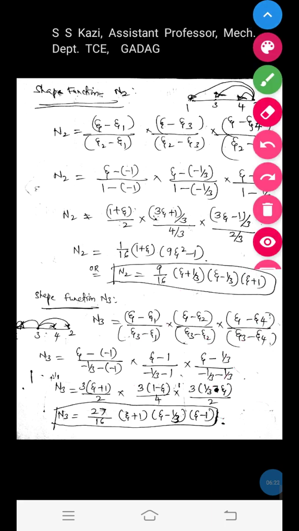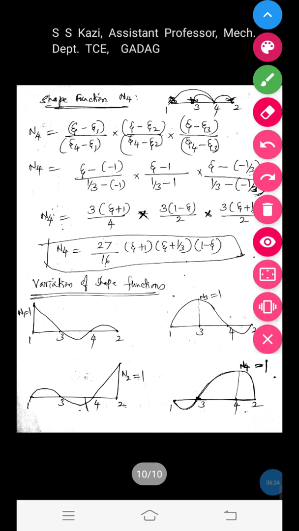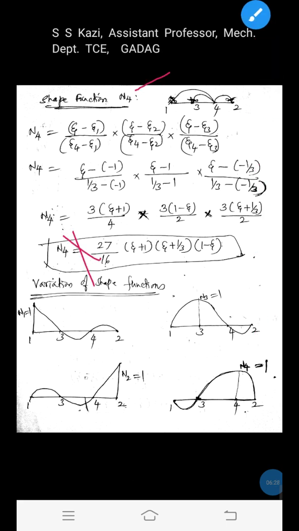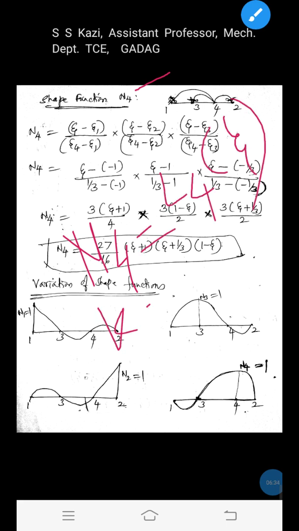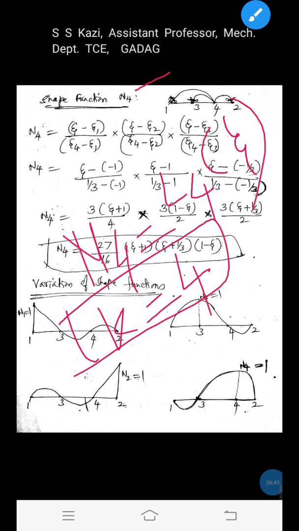Now we'll move on to shape function N4. At node 4, N4 can be written by using the Lagrangian form of shape function L4 of zeta. That is, at node 4 we need to determine the shape function, so k is equal to 4, where i should not be equal to k, so i will be node number 1, 2 and 3.